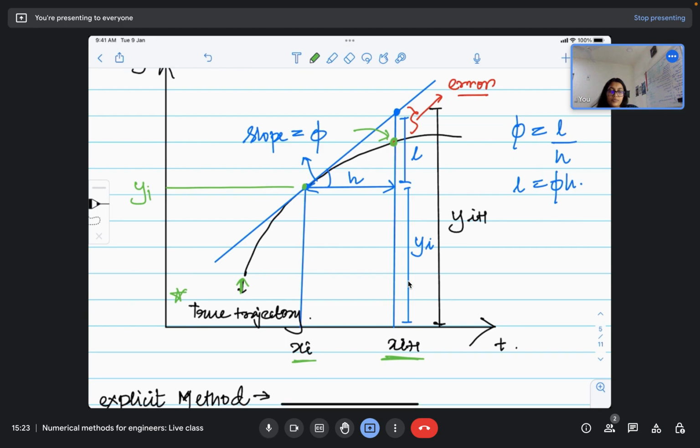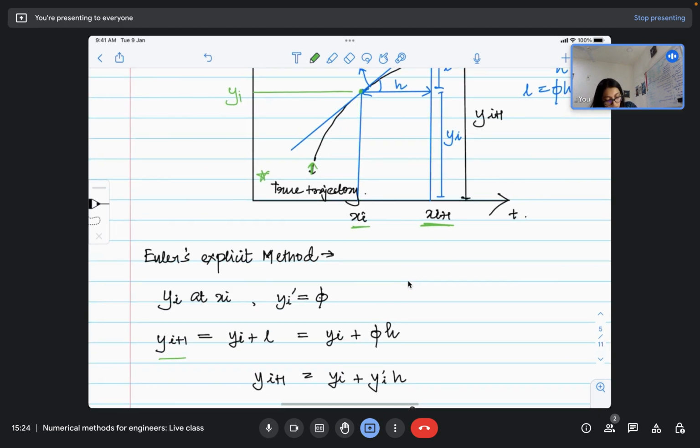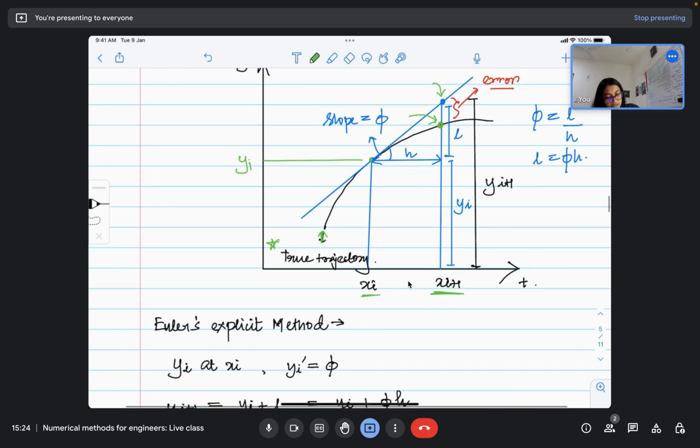But with the help of Euler's explicit technique, what we end up finding out is basically this value. And why is that so? Because what we are doing in Euler's technique is that we are trying to find an estimate for this point. So we write the expression as y of i plus 1. So we are basically interested in finding out this entire height, this line that I have drawn here, this entire height is yi plus 1.